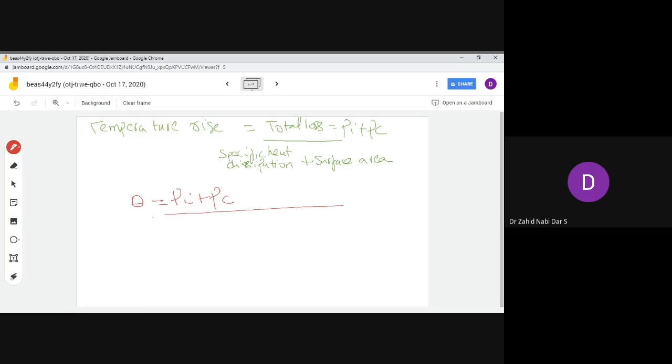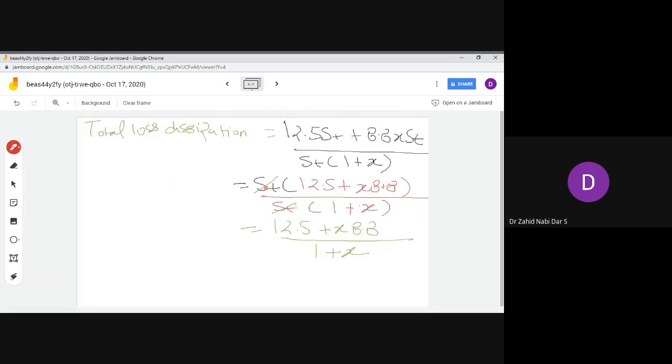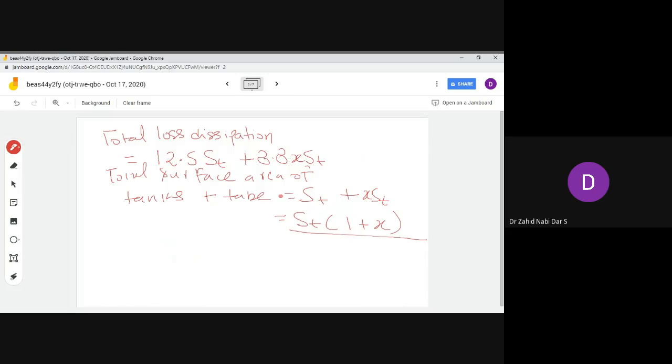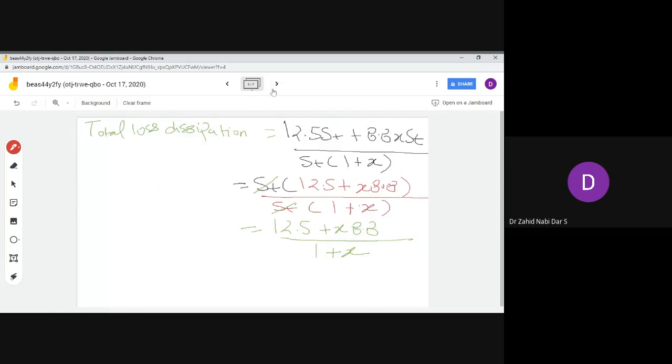In the previous slide we saw the specific heat dissipation, we got 12.5 plus 8.8x. If we move to the previous slide, the third slide, here you got the total loss dissipation surface area of the tank and the tubes, 12.5 st plus 8.8 x times st. This is the same thing that you can incorporate here.